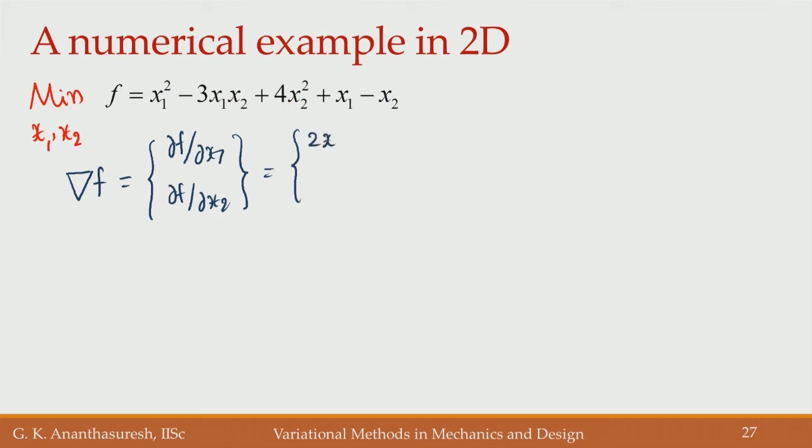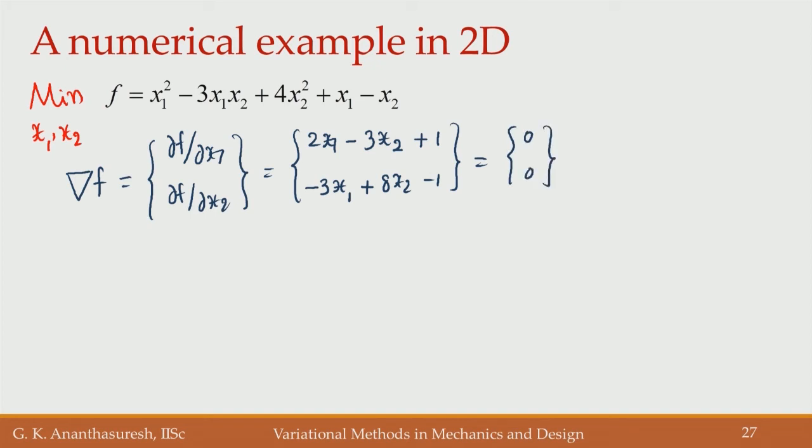So, that is 2x1 minus 3x2 plus 1, taking the derivative with respect to x1, and then with respect to x2 we will take the derivative of f, ∂f/∂x2, that will be minus 3x1 plus 8x2 minus 1, right. Now, this should be equal to (0, 0), that is our necessary condition.